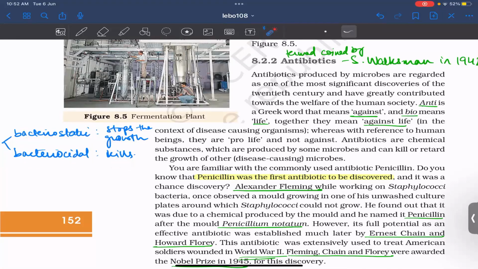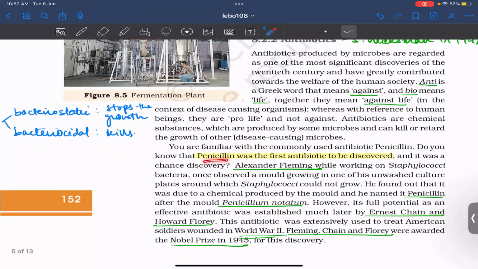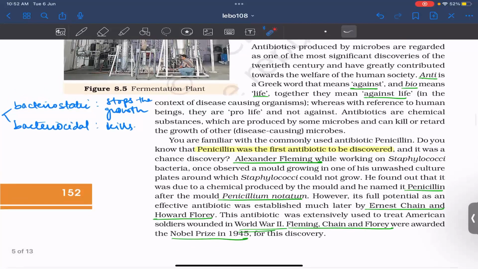The first antibiotic to be discovered was penicillin, which was produced by Penicillium notatum, discovered by Alexander Fleming. Alexander Fleming was doing a few experiments in which he observed that in one of his unwashed culture plates, the Staphylococci could not grow.